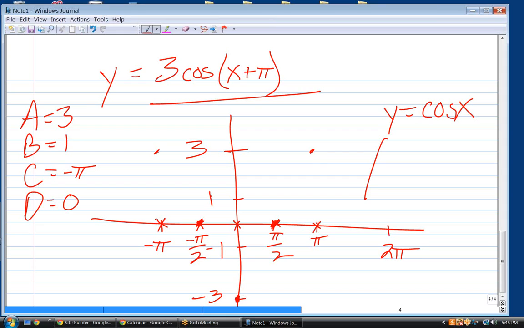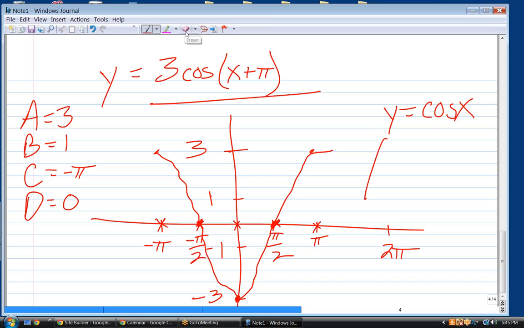So now that I've drawn my 5 points, it's just a simple matter of connecting the dots. As long as you have those points right, it doesn't matter what the shape looks like. That looks like a parabola, but trust me, that would work.